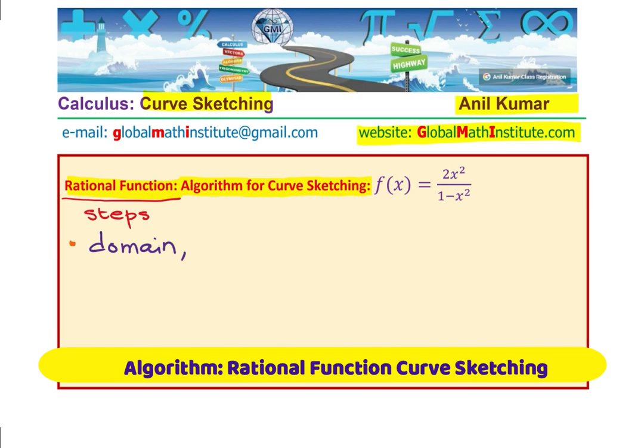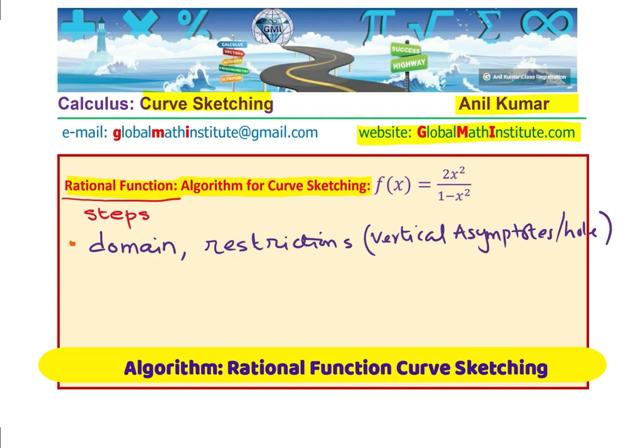So we'll say restrictions. In this case, the restrictions are vertical asymptotes. There could be holes also at times, right? So that is the first part.